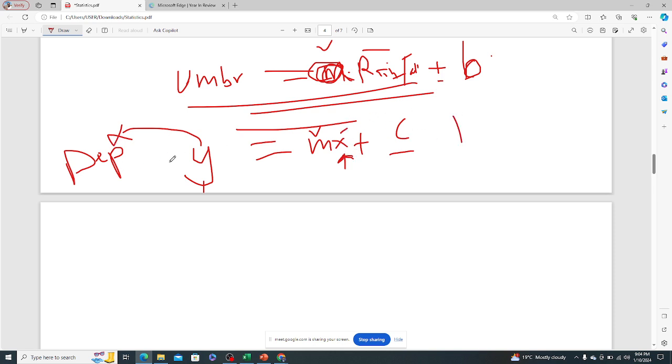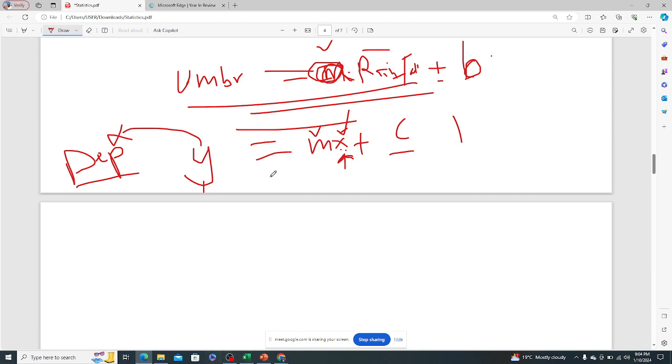We can say y depends on these values, but this variable is independent. So we call y the dependent variable, and x the predictor variable, or the independent variable, sometimes known as the explanatory variable, as it explains more about our output.